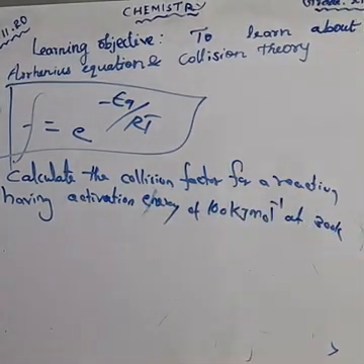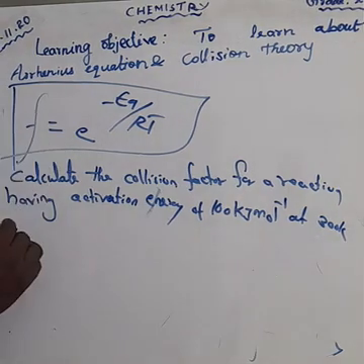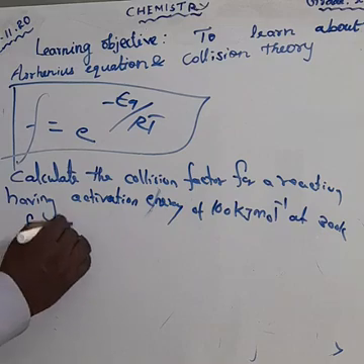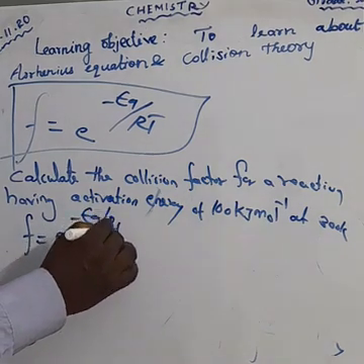What is the formula? F is equal to e power minus Ea by RT.